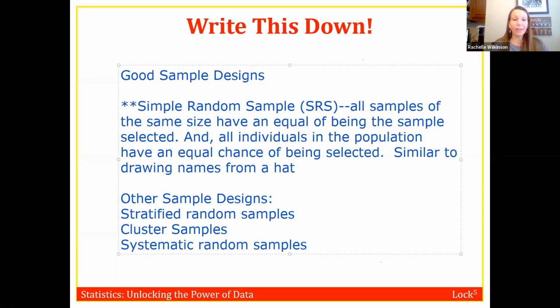Even though some of these have the same initials as our simple random sample, they don't get to be called SRS. When we talk about SRS, we're only talking about our simple random sample. These are all other examples of good sample designs, but I'm not going to expect you to be able to identify them by name in our class. But I do want you to be aware that there are others out there.